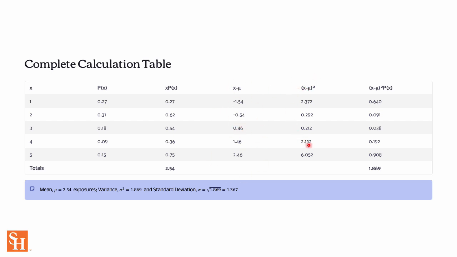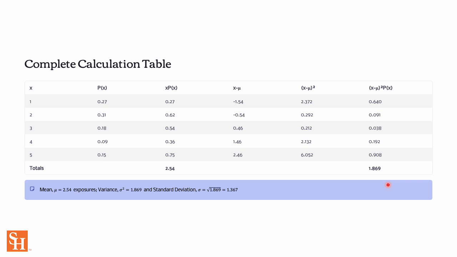Then, according to the formula for variance, if you remember, we have to take the square of that, right? So we take the square of these numbers, and that gives us those numbers. And then finally, we multiply those numbers with the corresponding probabilities of this column. That finally gives us this number, and we take the sum of all of these numbers to calculate the variance.